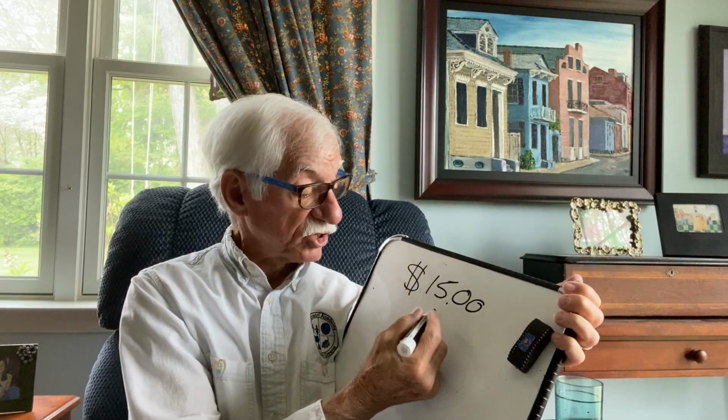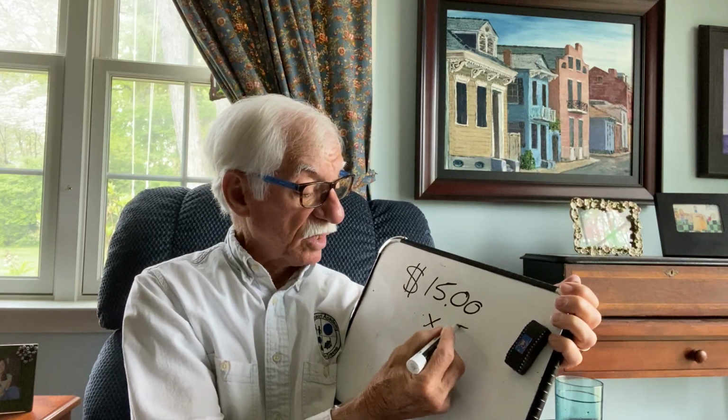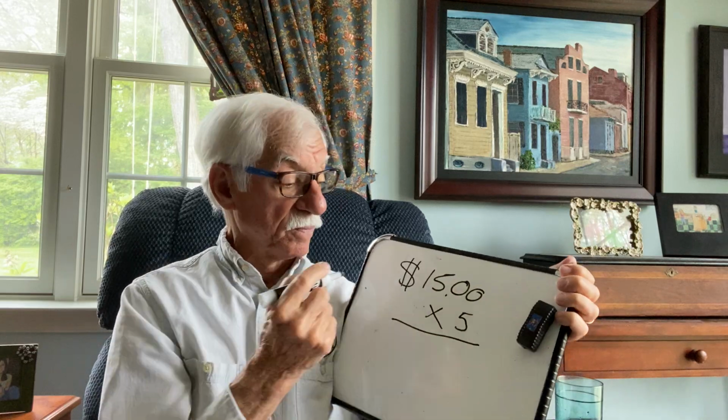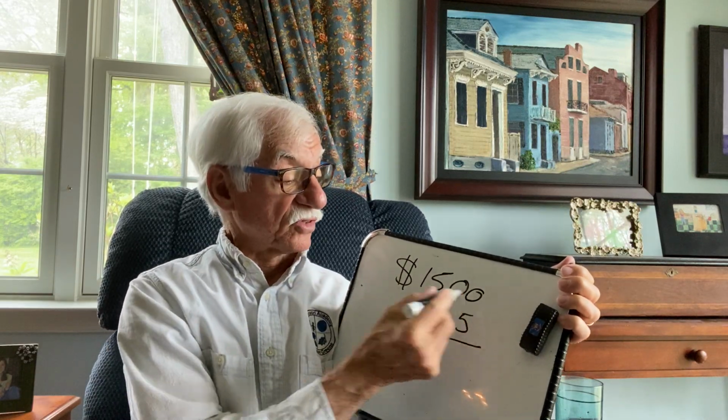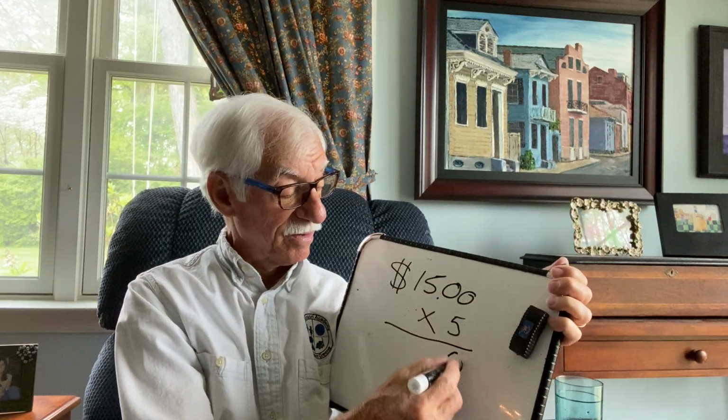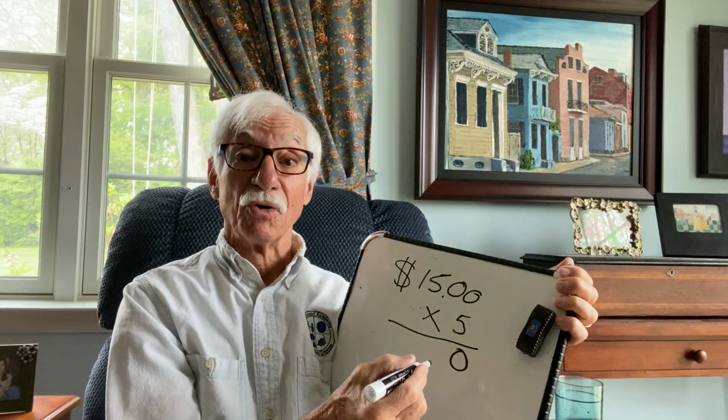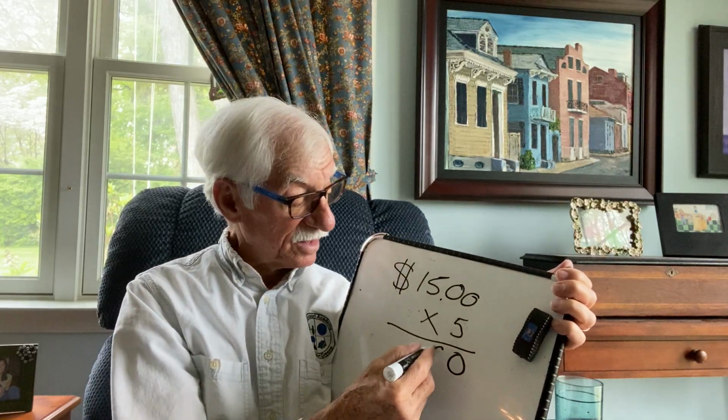But I've got 5 pairs of sandals, so I've got to take that $15 5 times. So 15 turns out to be the multiplicand in my multiplication problem, and my multiplier is 5 units. 5 units times 0 in the hundredths place is 0. 5 times 0 in the tenths place is 0.